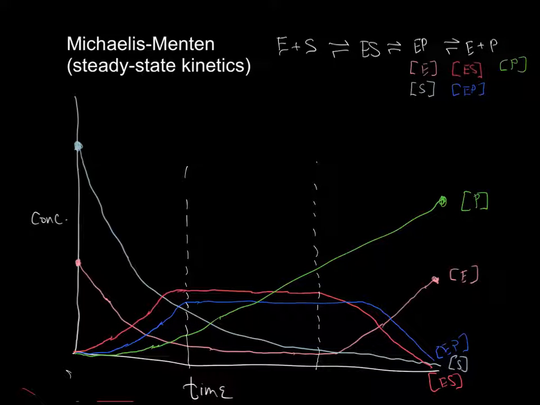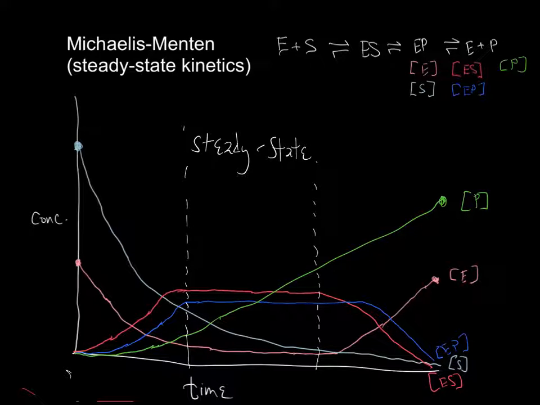And so this region here is called steady state, because what they say is that all of the enzyme-bound intermediates, like ES and EP, or even if you have a third step in there, like an EX or maybe ES1, ES2, or what have you, their derivative flatlines. They're not really changing.